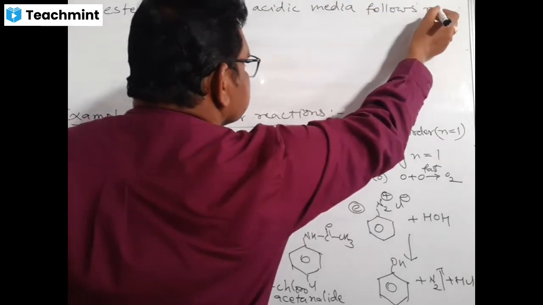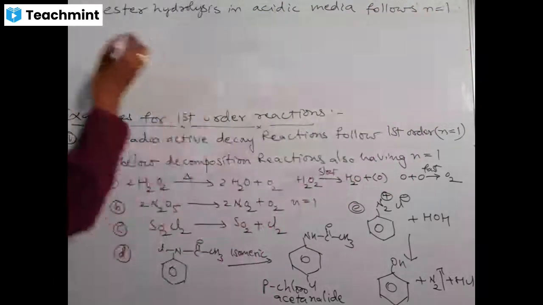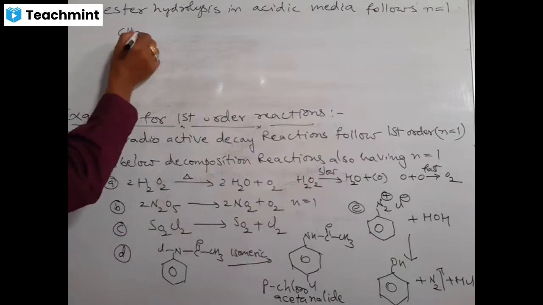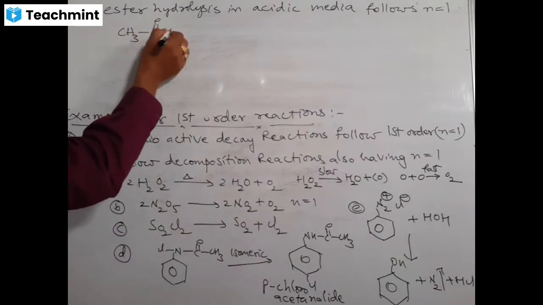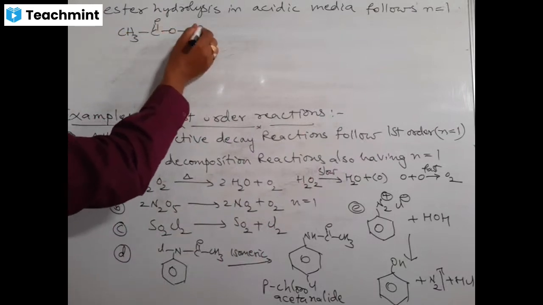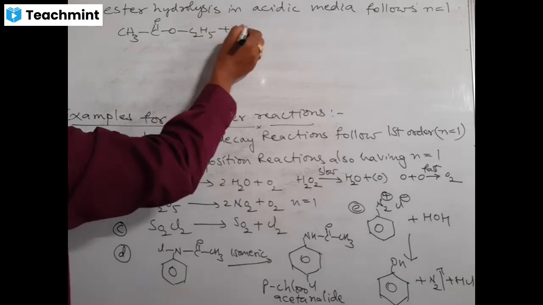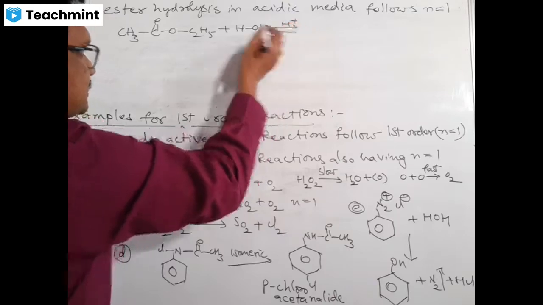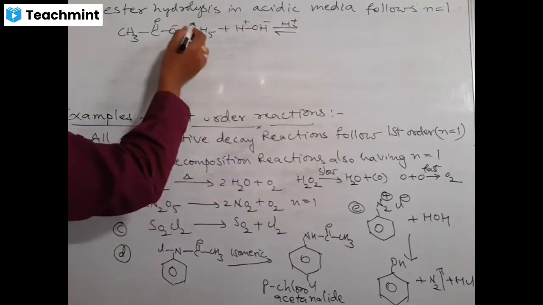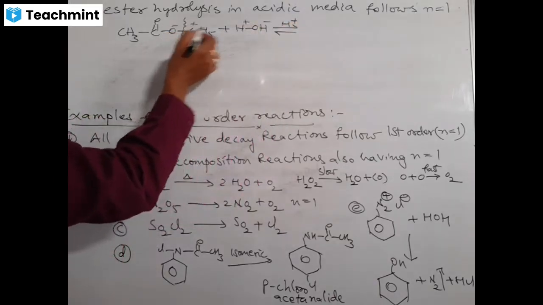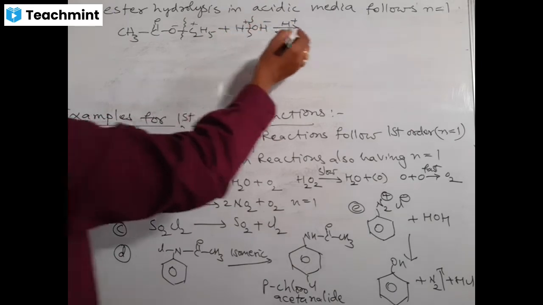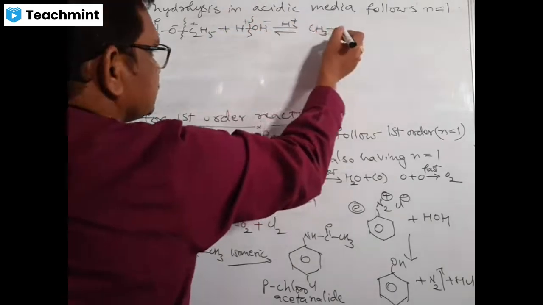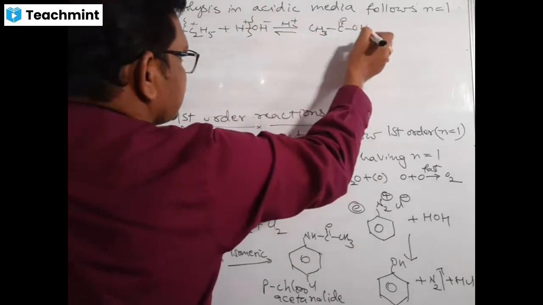I am writing the equation clearly. Ester hydrolysis: CH3COOC2H5 on hydrolysis with H2O in the presence of acidic media H plus gives one acid, acetic acid, and another one is alcohol.